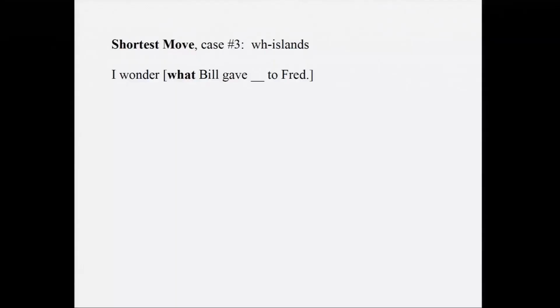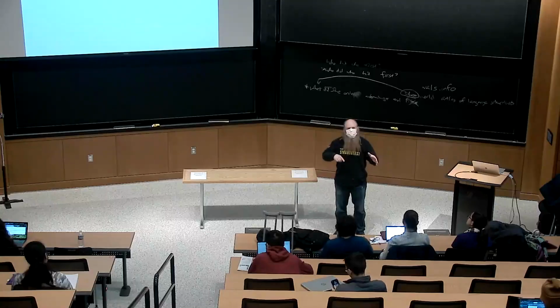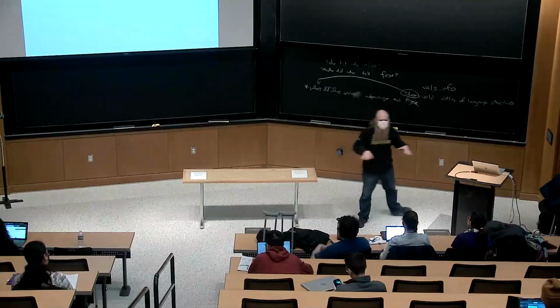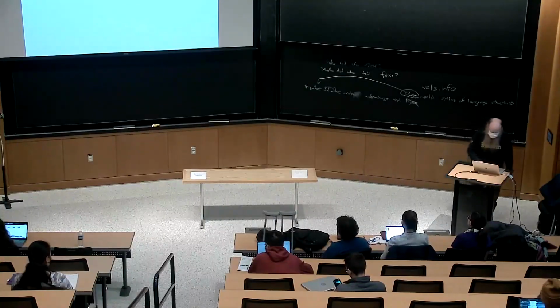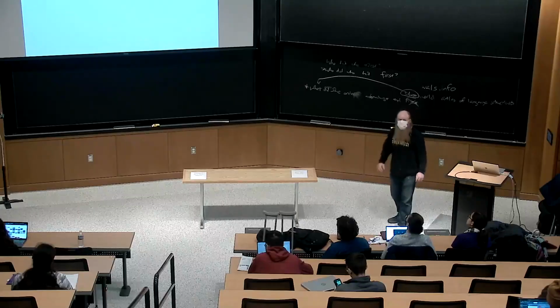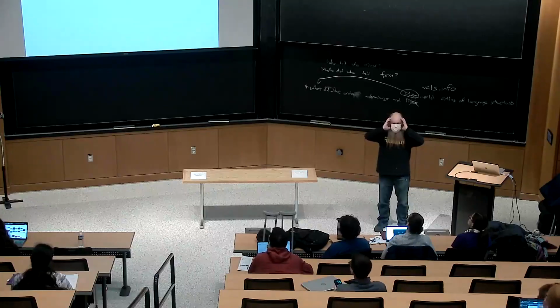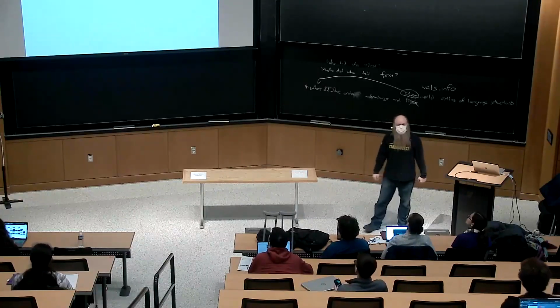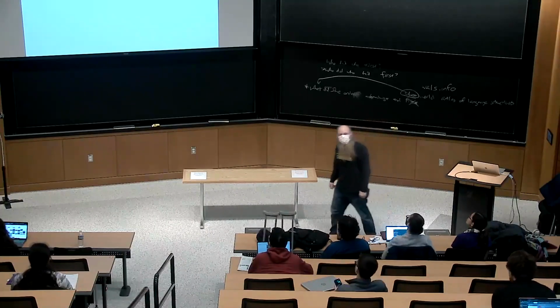So there's WH movement happening in the embedded clause. What has moved to the edge of the embedded clause? Is that clear? Does that make sense? That's what's going on in this sentence. Now, an observation about embedded questions. If I ask you, who do you wonder what Bill gave to? You're upset. So what did I do?